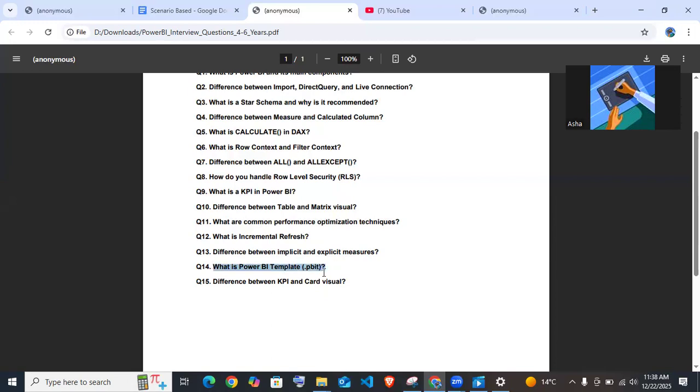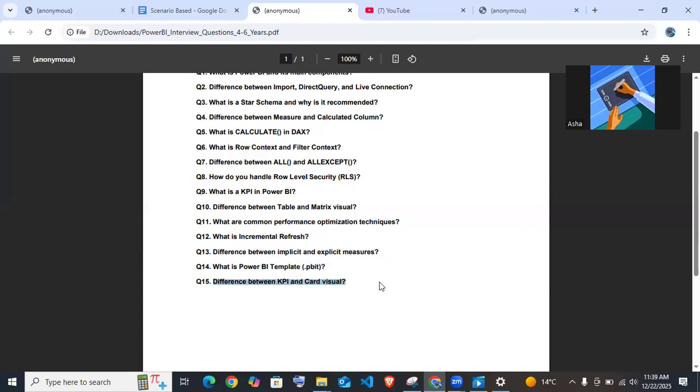So what we will do, we will apply a PBIT file in our dashboard. Whether we create one report tab or 10 dashboards, this one PBIT file formatting will be applied in all of them. So this is a Power BI template. This is a created template, not a default one.